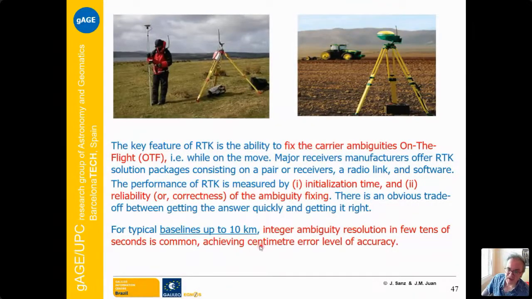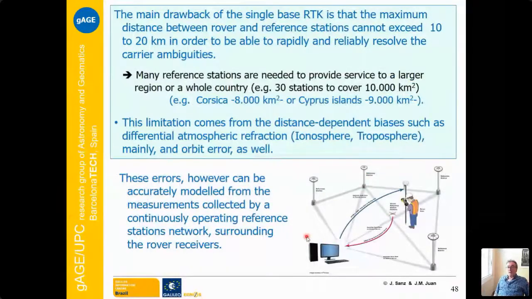For typical baselines of 10, 20 kilometers, it depends on the user location. In a few seconds, in 10 to 30 seconds, we can achieve centimeter level of accuracy. But just two ideas more about RTK. The main problem of RTK is the limitation in the baseline, 10, 20 kilometers, in order to fix the ambiguities.